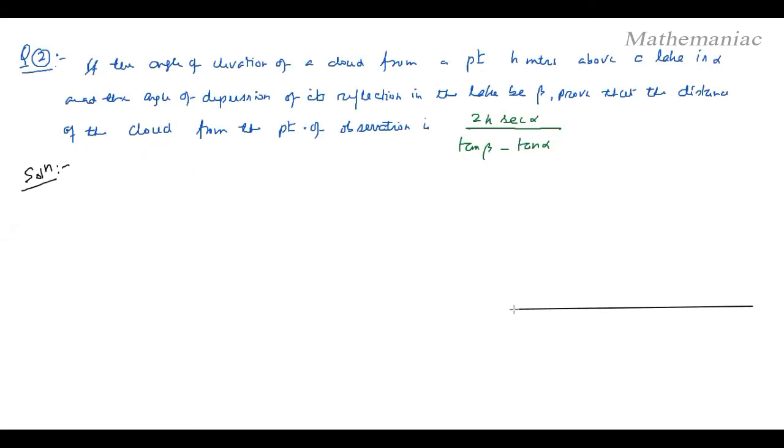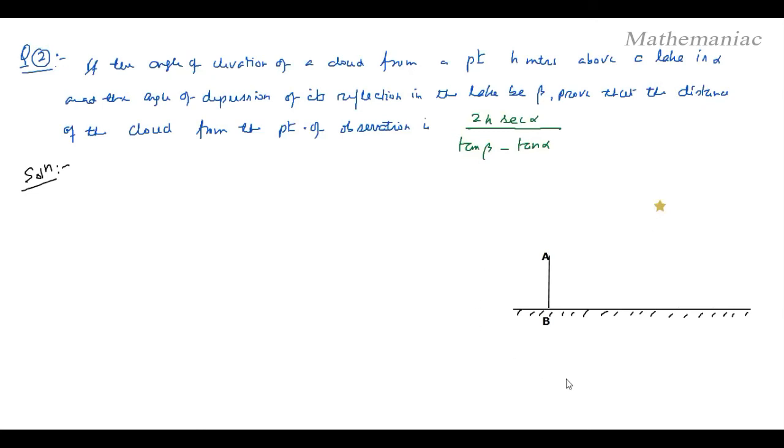So this is the horizontal line, or rather you can say this is the level of the sea. This is the lake level, water level. So you are going to consider a point at a height of h. So this is the point A. This is the point B. From A, you are looking at a cloud, right? So suppose this be the position of the cloud.